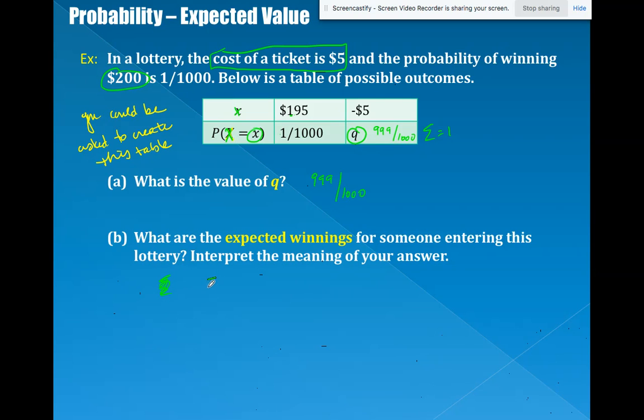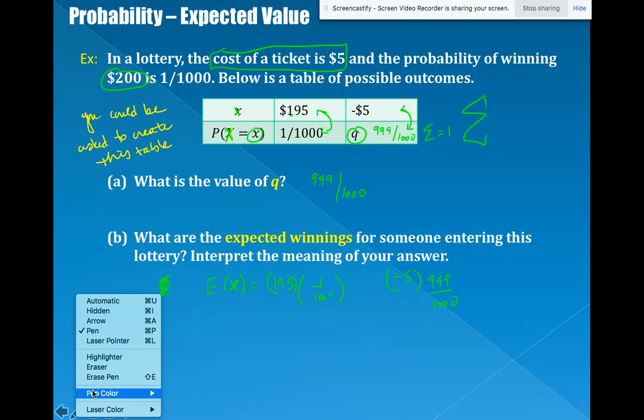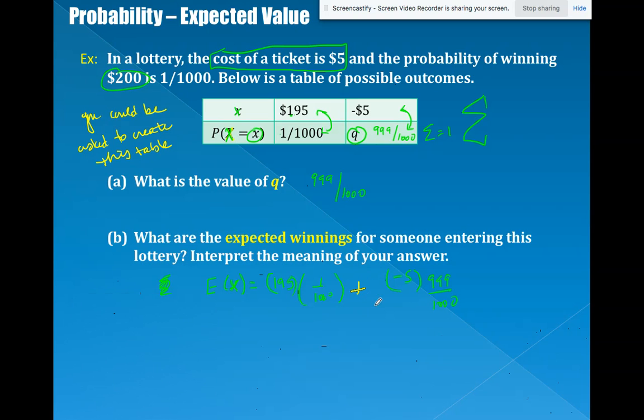Oh, keep writing my capital sigma. Multiply, multiply, and then big sum, and add.